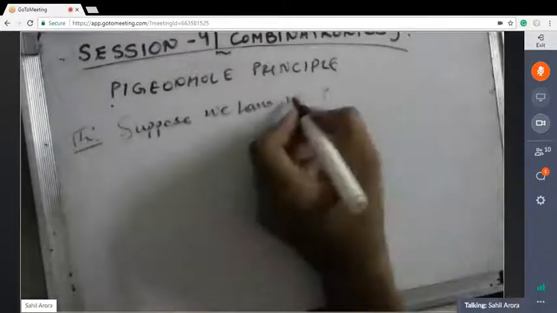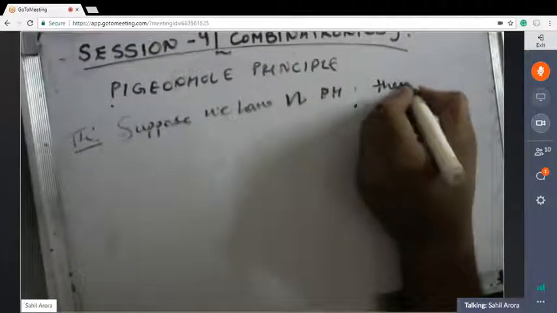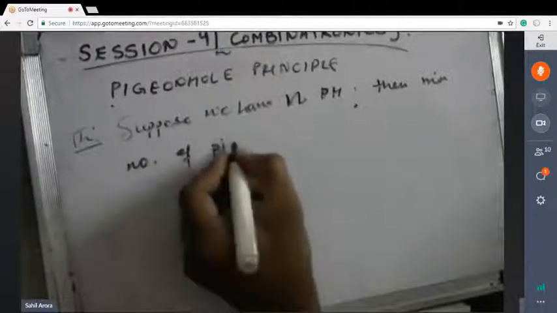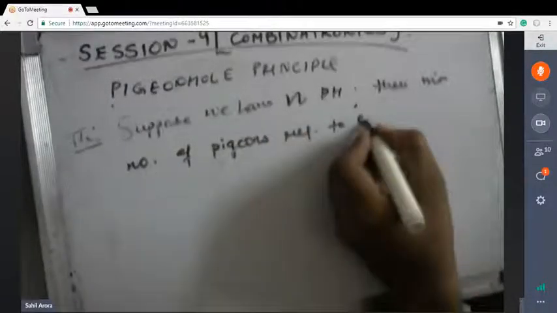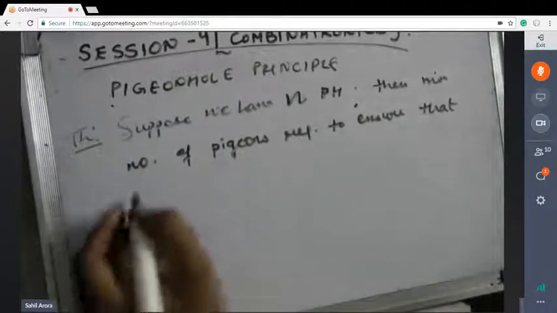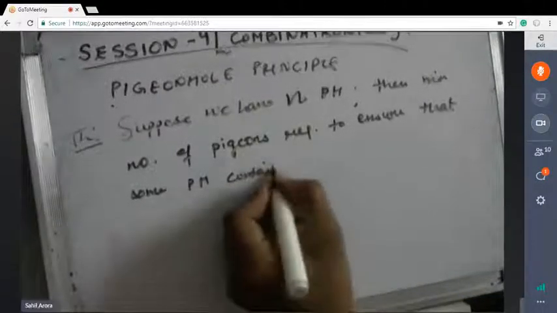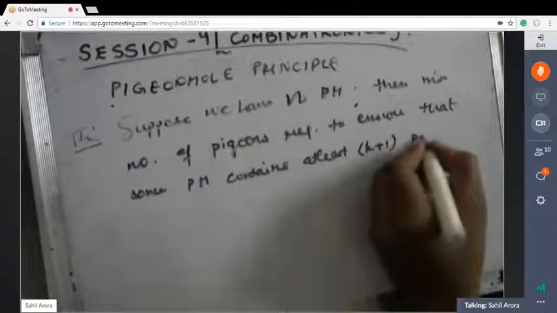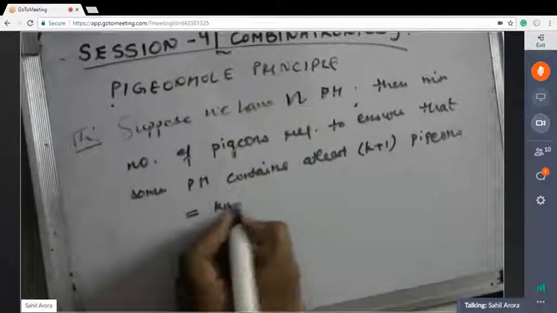So suppose we have n pigeonholes, then the minimum number of pigeons required to ensure that some pigeonhole contains at least k plus 1 pigeons is equal to k into n plus 1.